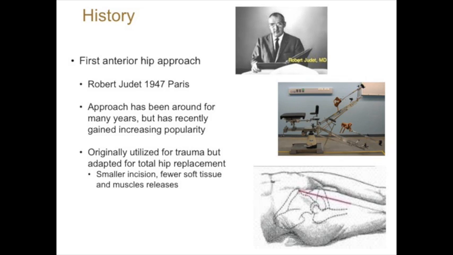The first one was done in 1947 by Robert Judet in Paris, and the approach used a much longer incision, which is what's used for trauma surgery. But it's been adapted to do hip replacements, and this incision has been made much smaller. It's more tissue sparing, and it requires fewer releases and less post-operative precautions and care afterwards too.